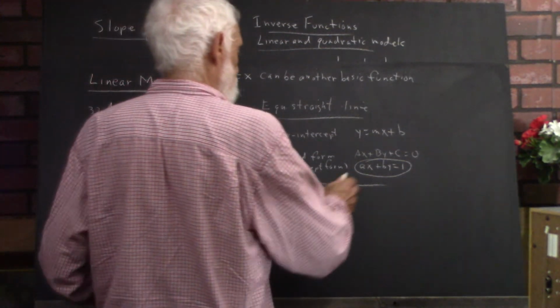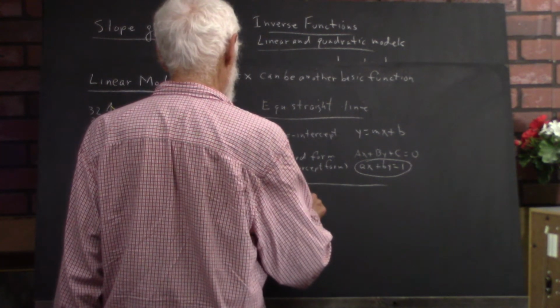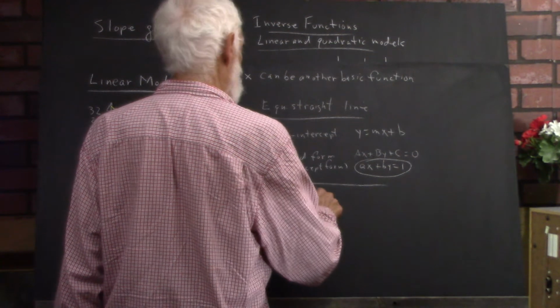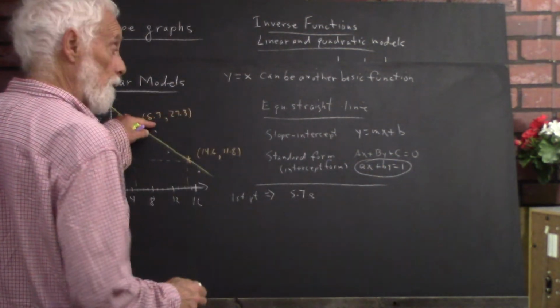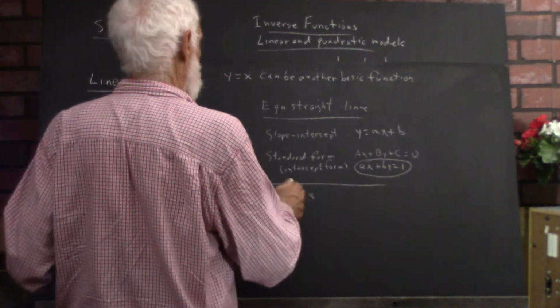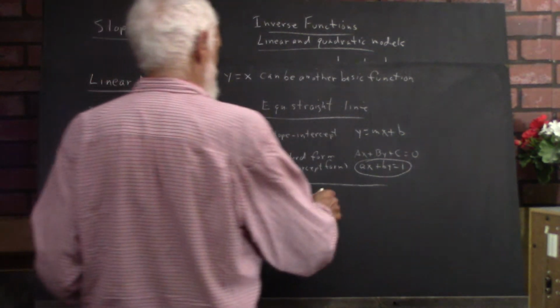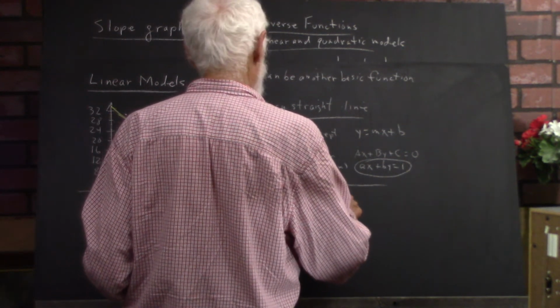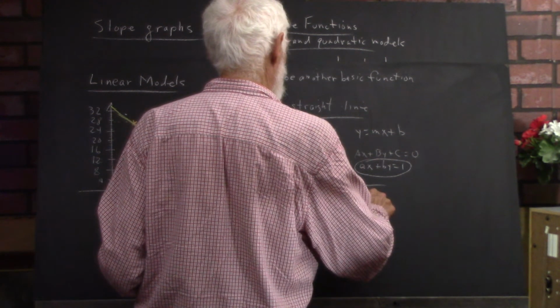Well, that implies 5.7 times A, because it's A times X, the X coordinate is 5.7, substituting that for the X, and of course I put the number in front of the variable, commutative law allows me to do that, and then plus 27.3B equals 1.